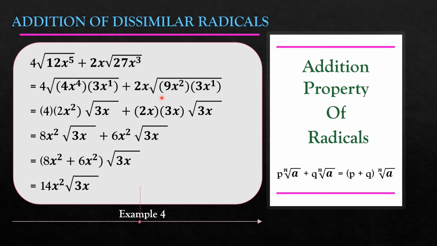Pagdating naman dito sa ating pangalawang radical, so again, copy this, 2x, yung coefficient natin. And then factor out 27x cubed. So 27 is not a perfect square, but it has a factor which is a perfect square, and that is 9. So 9 times 3 is equal to 27.